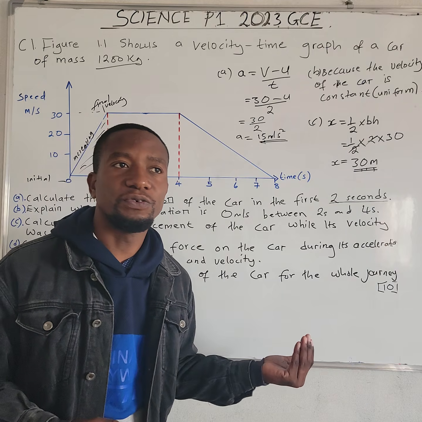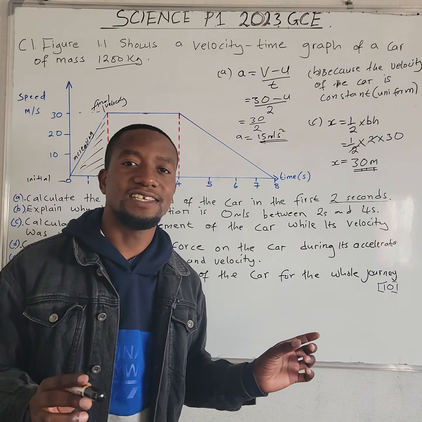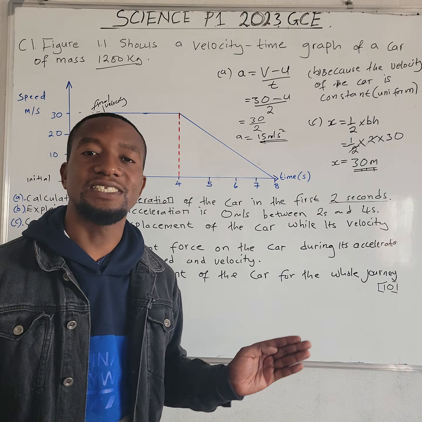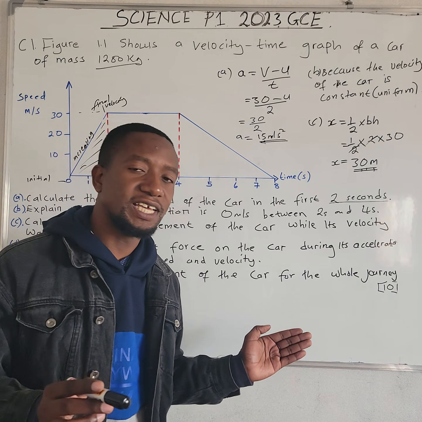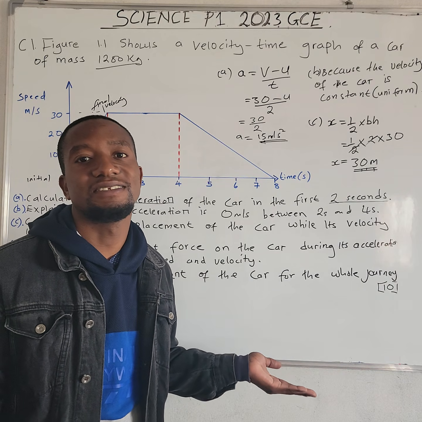You can take note of just the word. Speed starts with the letter S. Speed is a scalar quantity. Velocity starts with V. Velocity is a vector quantity.